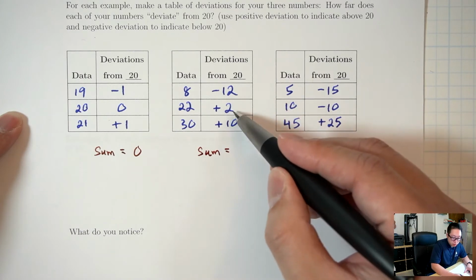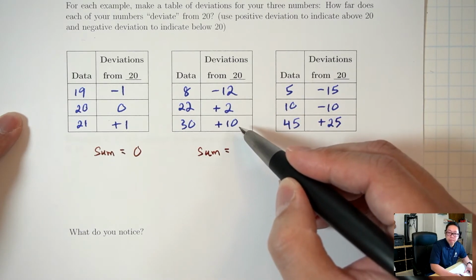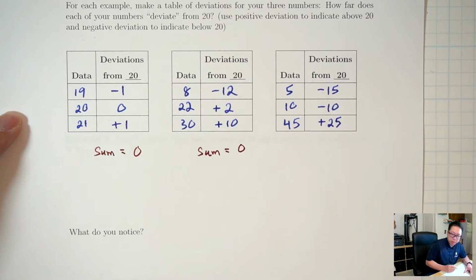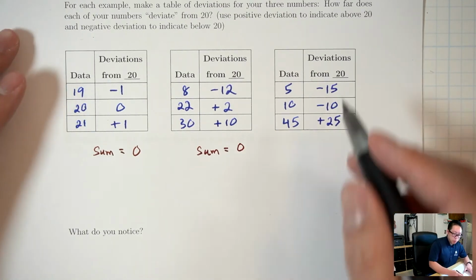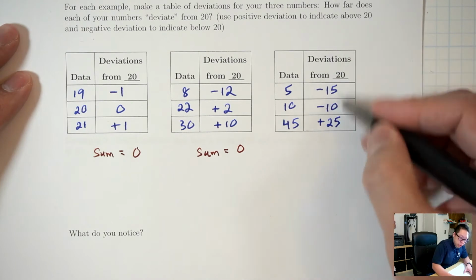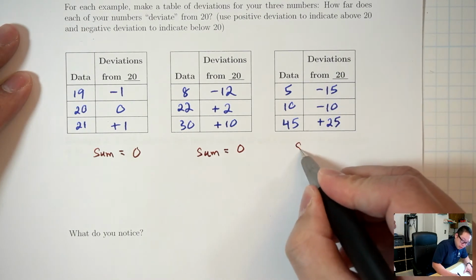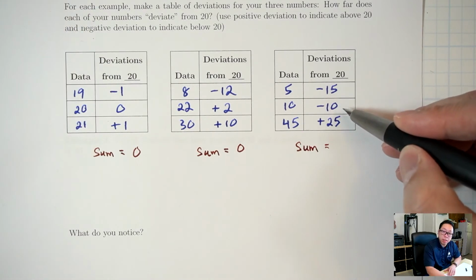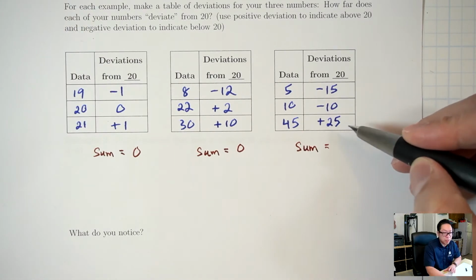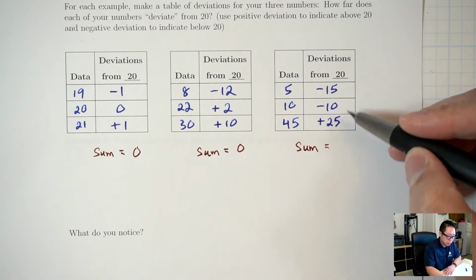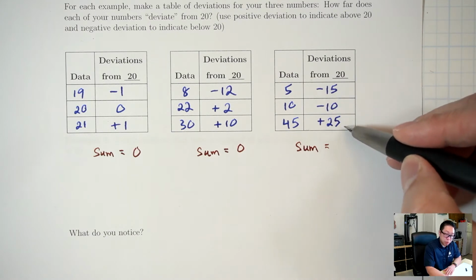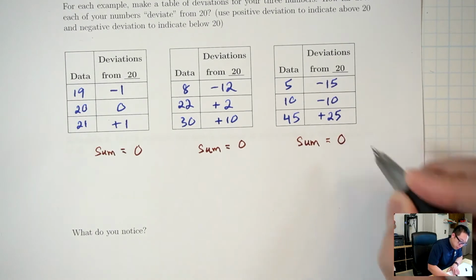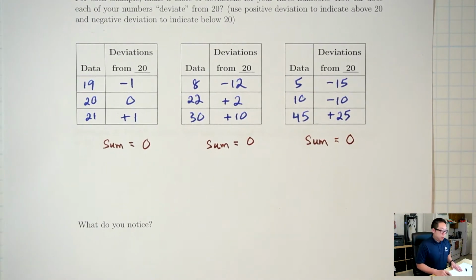Negative 12 plus 2 plus 10. Also 0. Okay, very interesting. What about this last one? So what do I get when I add up these deviations? Negative 15 plus negative 10 plus 25. All right, if you need to, use a calculator. Negative 15 plus negative 10 plus 25 is also 0. Very interesting.